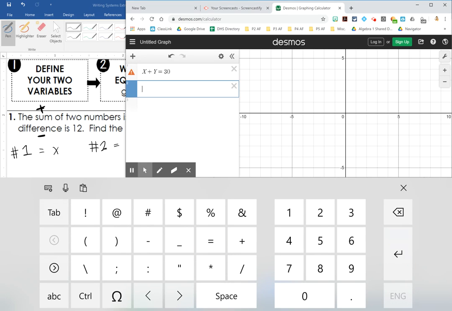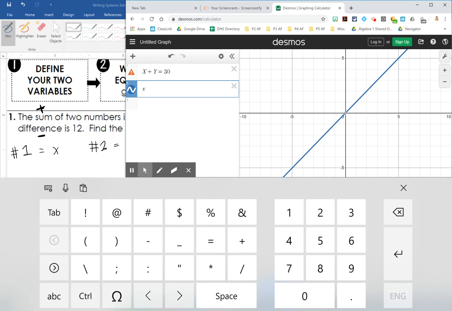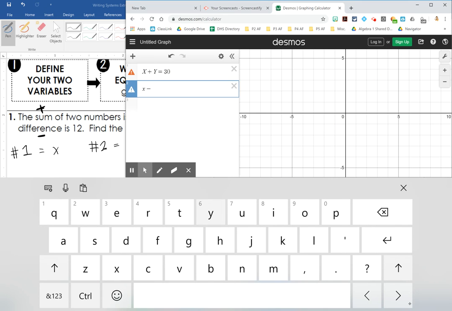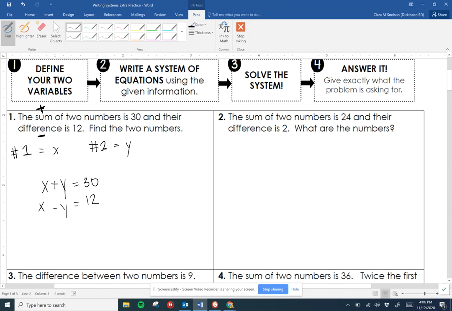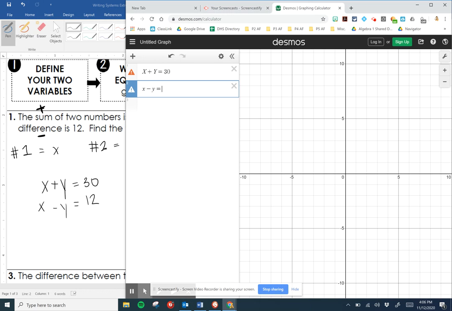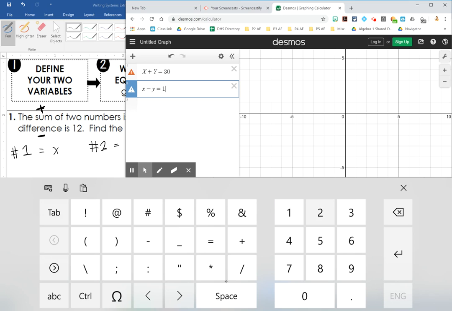And then our second one is X minus Y equals 12. Let's see, this one was messed up for whatever reason.